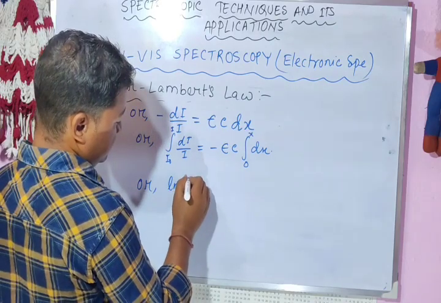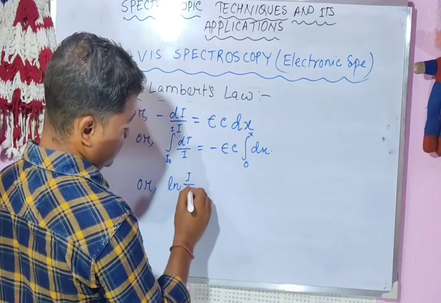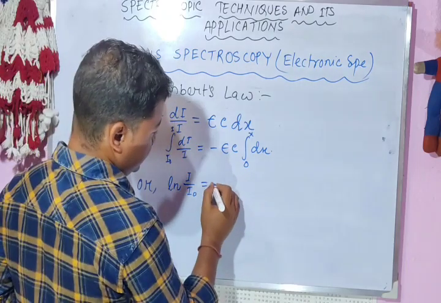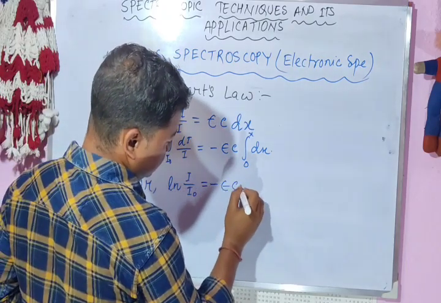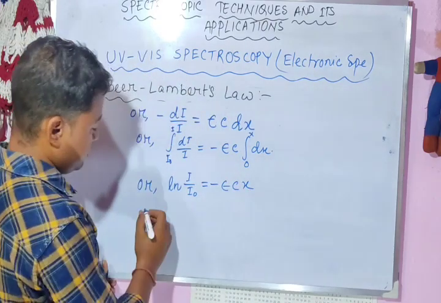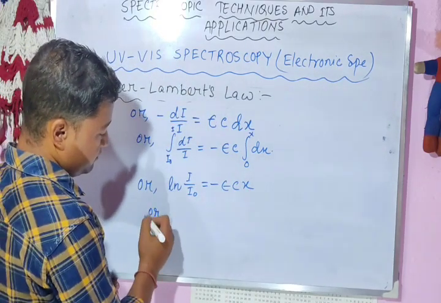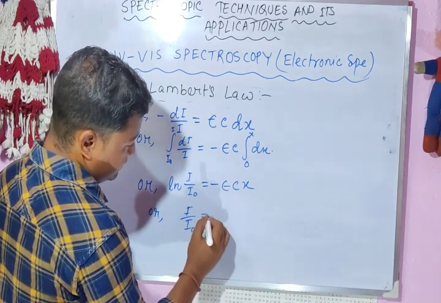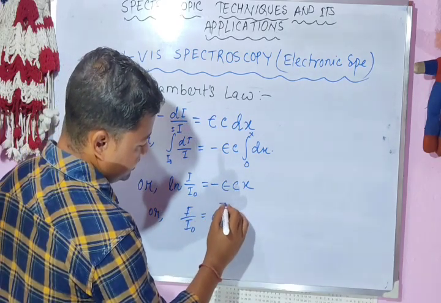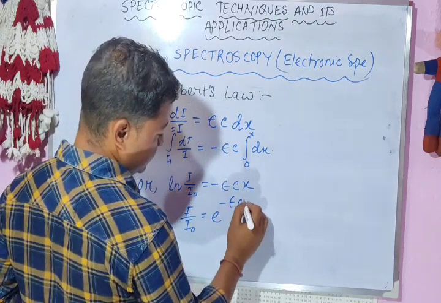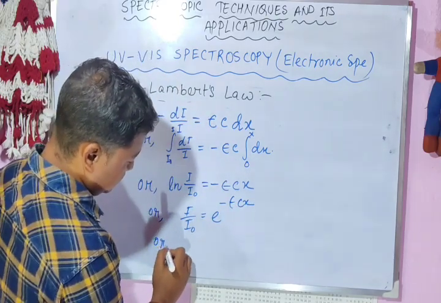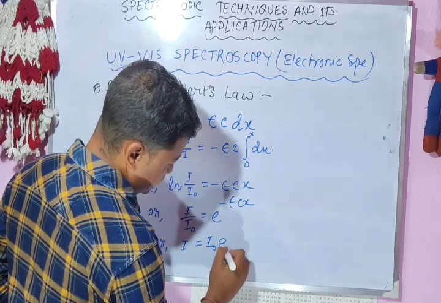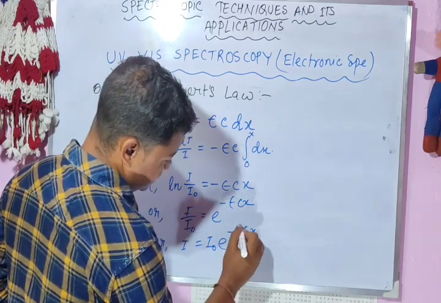ln I by I0 equals minus epsilon Cx, or I by I0 is equal to e to the power minus epsilon Cx, or I is equal to I0 e to the power minus epsilon Cx.